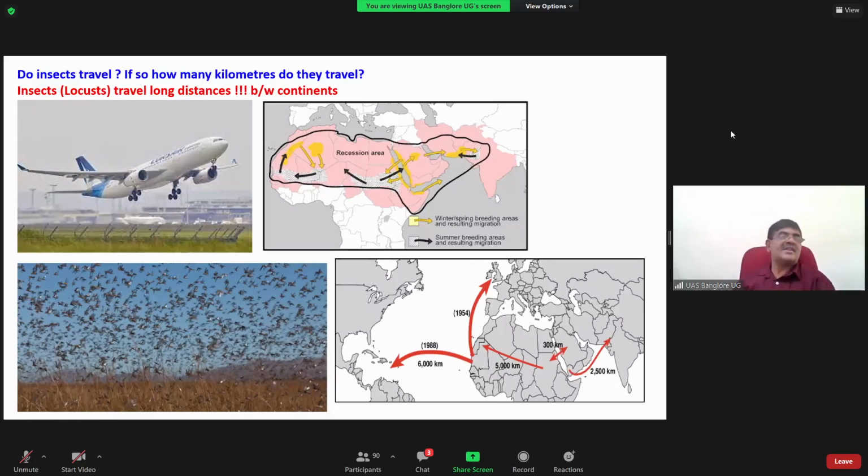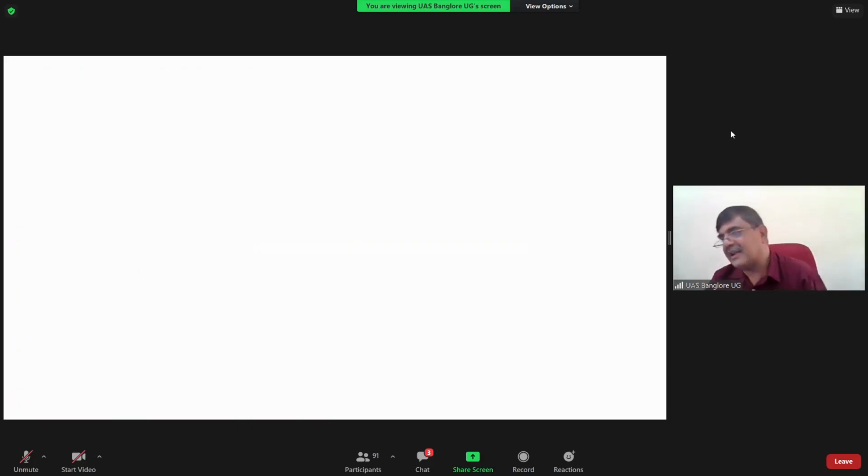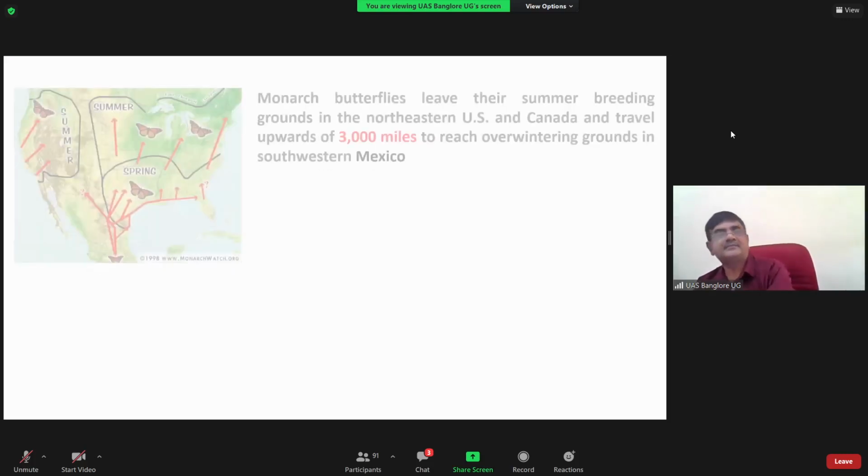They keep on traveling, and sometimes if they are in need of food, they settle down in one place and feed on whatever vegetation is available. So insects also can travel from one country to another country, or from one continent to another continent.